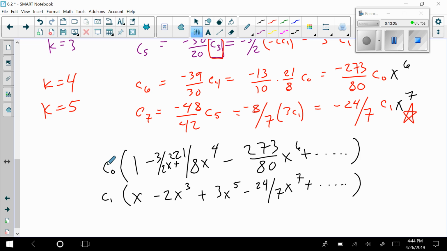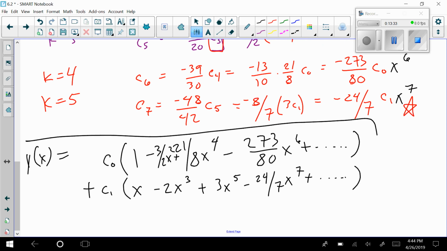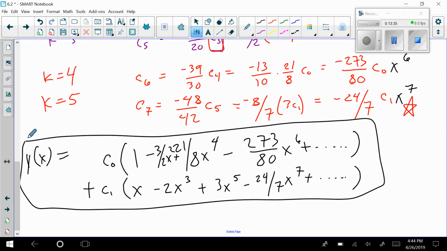Now, we have these two here. Well, what does the answer usually look like? It's usually this one plus this one, okay? And then this is actually our very first solved differential equation using power series. I do plan on trying to do at least one more in this section, but this definitely allows you to get a start on the homework.